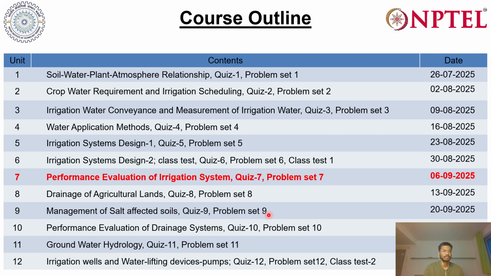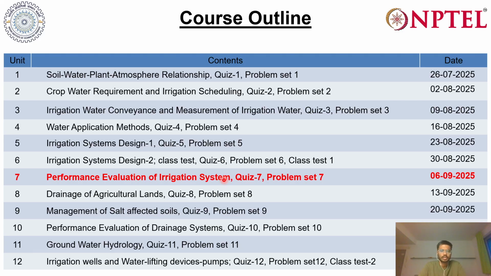Then we came to design of irrigation systems, and we talked about various types of irrigation methods, and came to the conclusion that the currently available methods are very inefficient and use more water, and we need to conserve our water resources for future sustainable development.